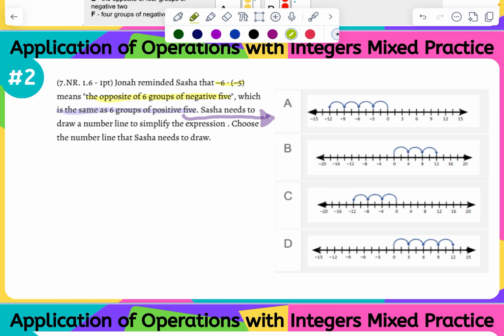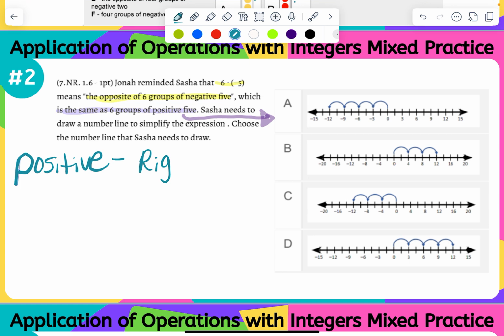Now remember, positive is always going to go right, or it'll go up if you're on a vertical number line.